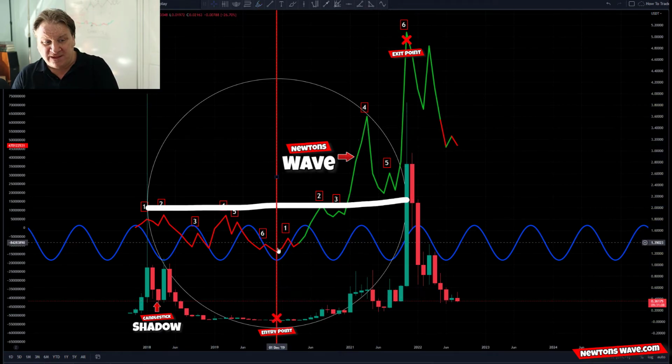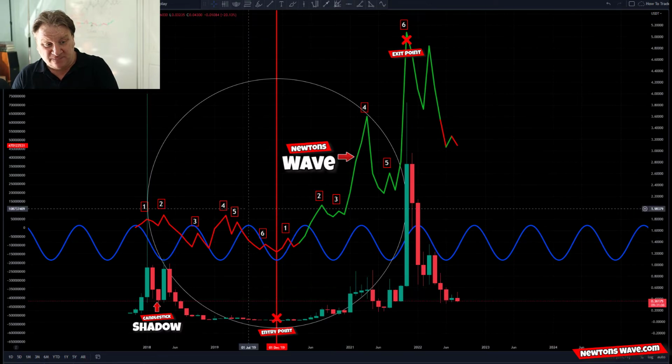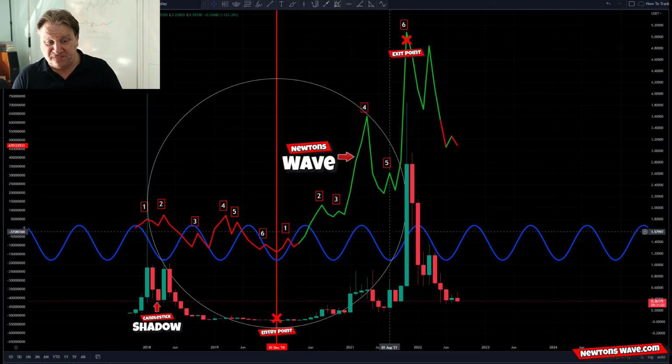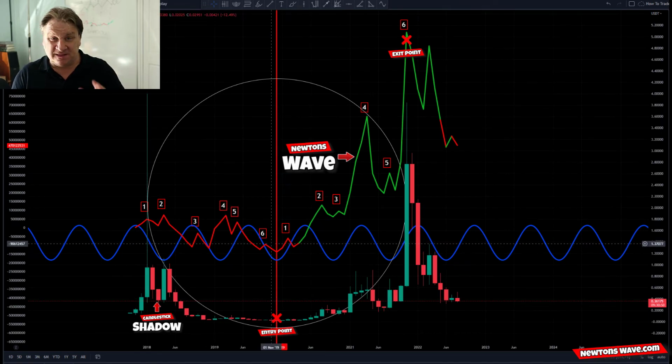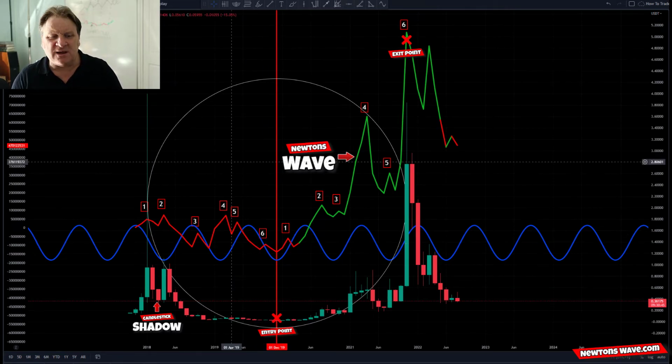So everything goes in 3s and 4s. On Newton's wave, you've got 1, 2, 3, 4, which means it's done a revolution. And on Newton's wave, we counted from the top, 1 down to 6. That got us to our halfway point. We know it's bottomed out now. We can put our money on, and then we just wait.